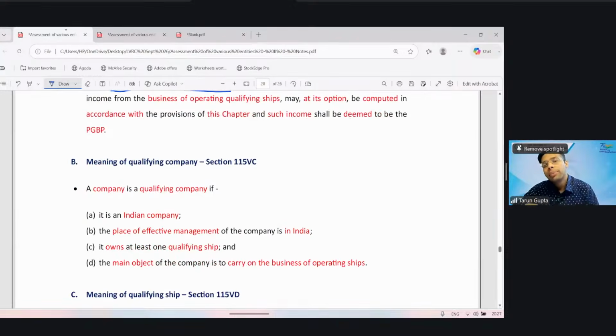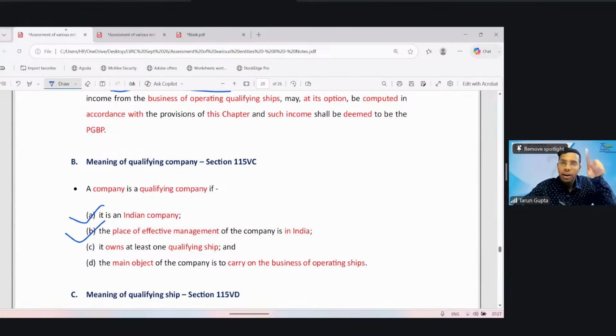This section is applicable only to a qualifying company. So for applicability of this section, first the company has to be a qualifying company and it should have a qualifying ship. So what do you mean by qualifying company? It means an Indian company whose POEM is in India. POEM means the place where the board of directors are taking decisions. But if decisions are not taken by the board of directors but by some executive members, then it means the place where such executive members are actually taking the decision.